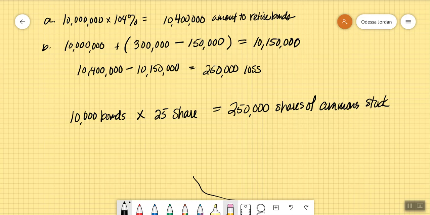Common stock and additional paid in capital will be increased in stockholders' equity. So, in other words, liabilities will decrease, equity will increase because the bonds are no longer bonds, they're now common stock.